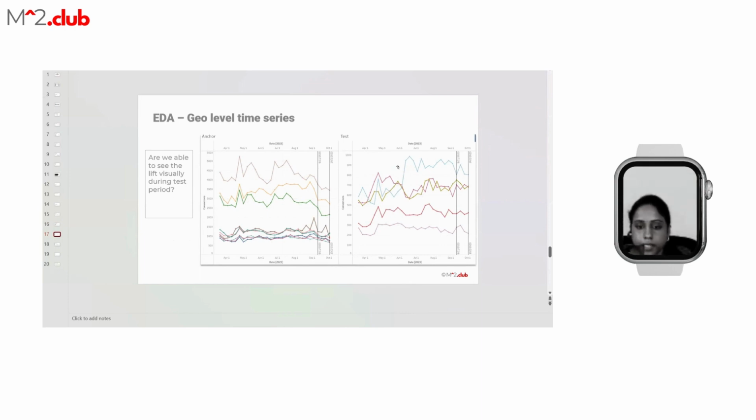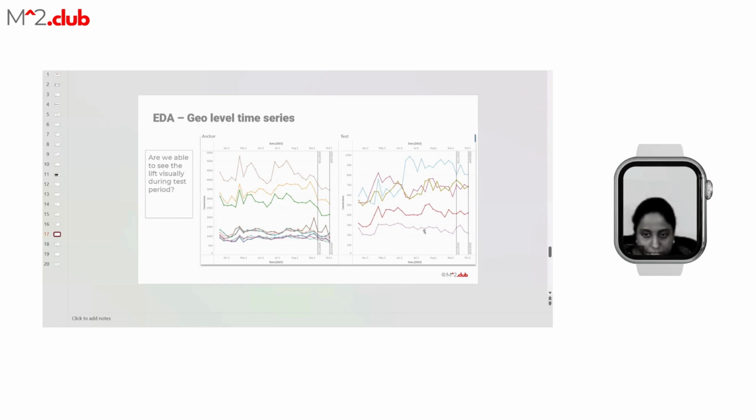In this example, you see that most of the geos in the anchor cell are falling towards the end of the test period. That is probably a seasonal effect. But in the test cell, during the test period, a lot of geos are flattening out rather than dropping, just like the anchor geos did. So it's not absolutely clear, but you can see it a little bit. That is one visual representation of measuring lift.